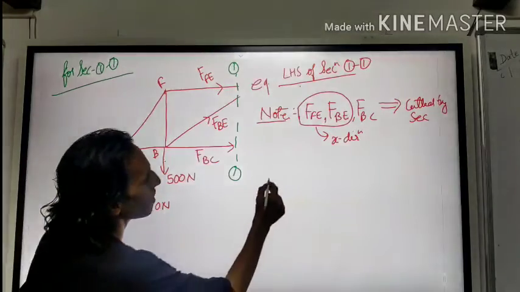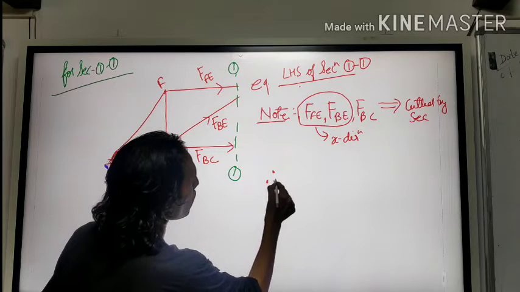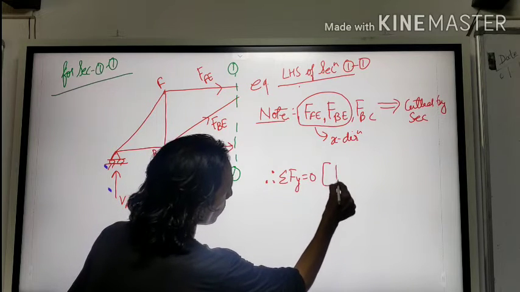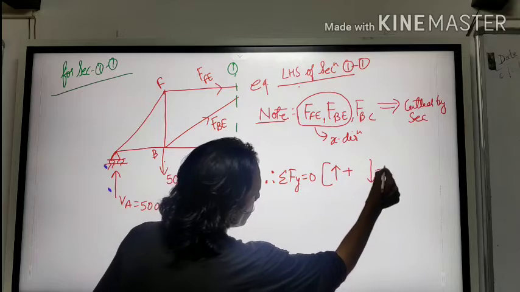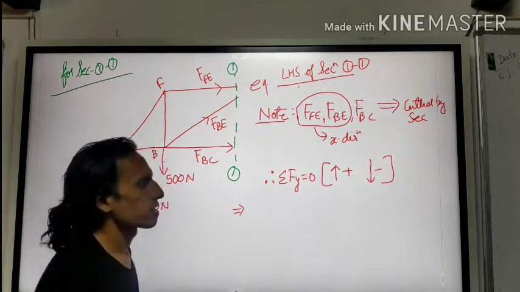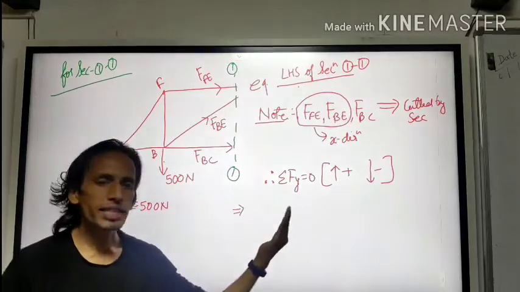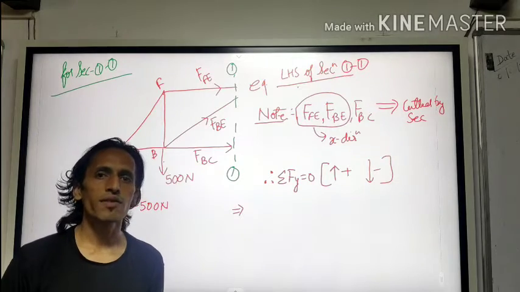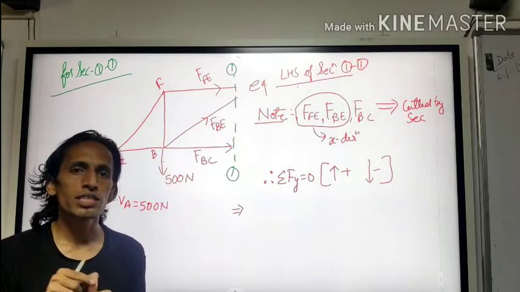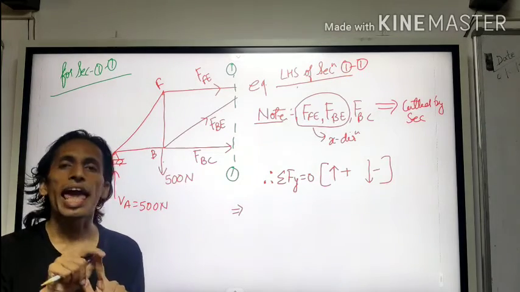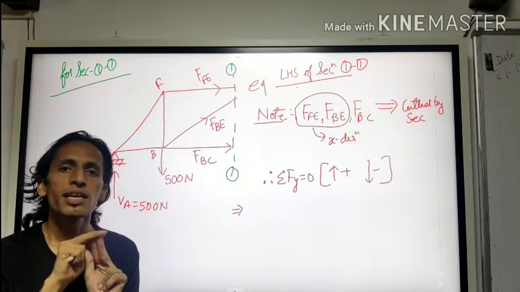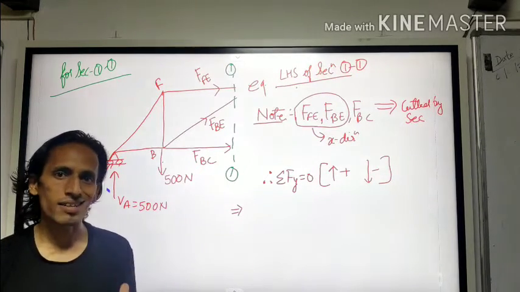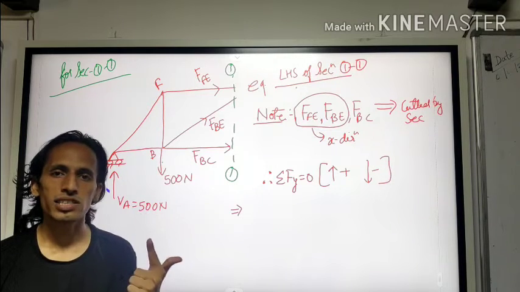Let us say I am writing this equation: summation of forces in y direction is 0. In this equation, what are the vertical forces I have to write? Support reactions, external loads, and the member forces cut by the section.